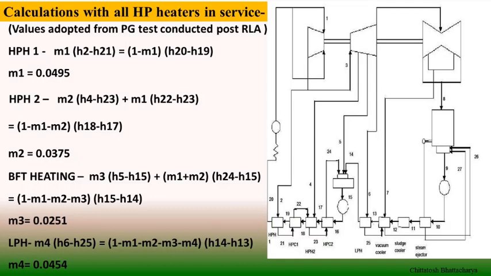So if we go on calculating, from the previous database where we have collected all the thermodynamic parameters at various pressures at various locations and temperatures corresponding to that pressure, we find that M1 corresponds to 0.0495, M2 corresponds to 0.0375, M3 corresponds to 0.0251 and M4 corresponds to 0.0454.